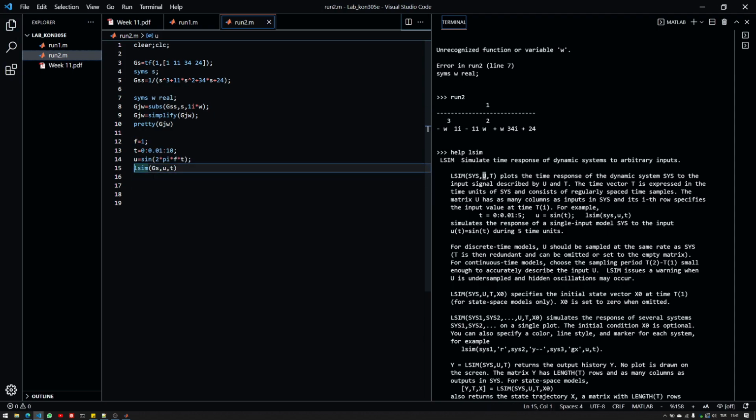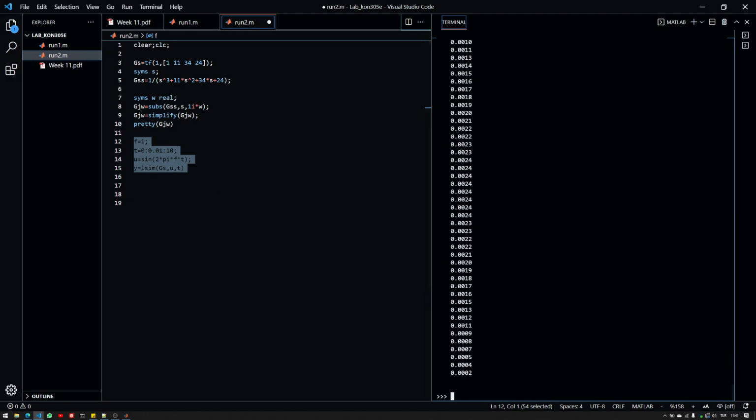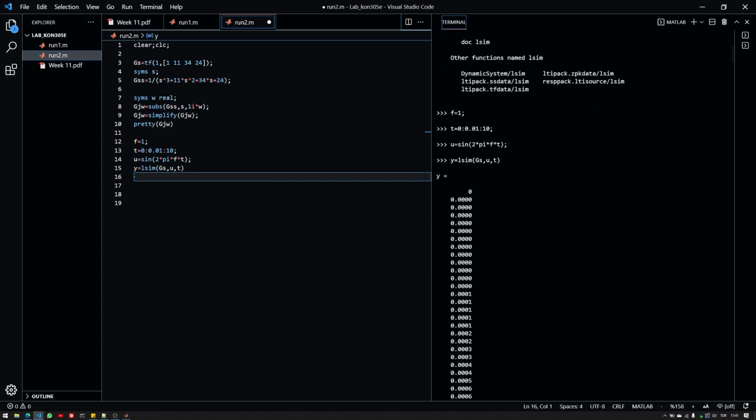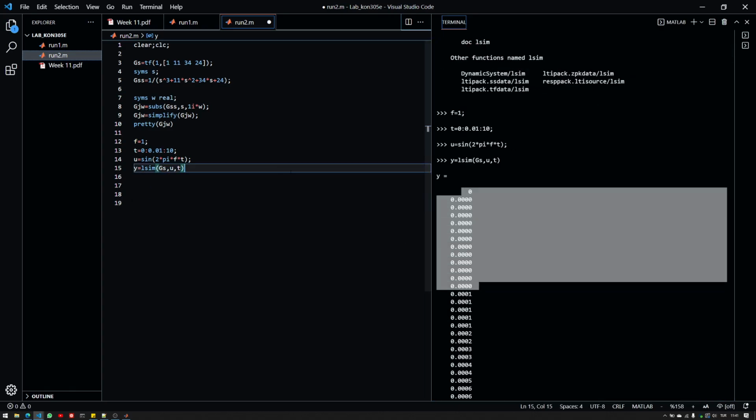piece of code, I remember that there was a, yeah. So seems like it's working pretty much as expected. It calculates the output.